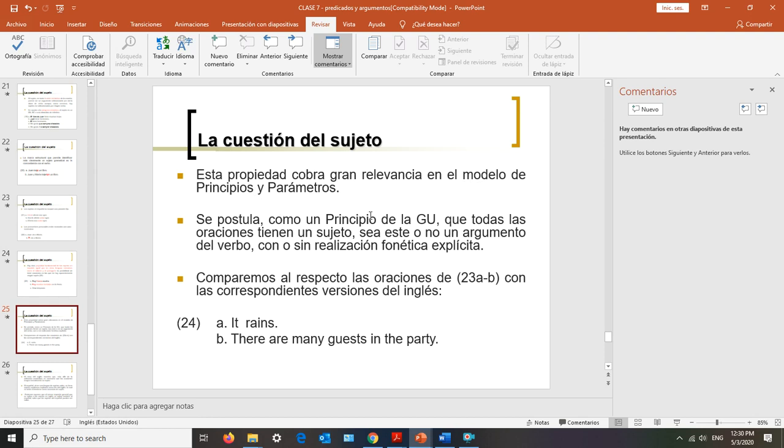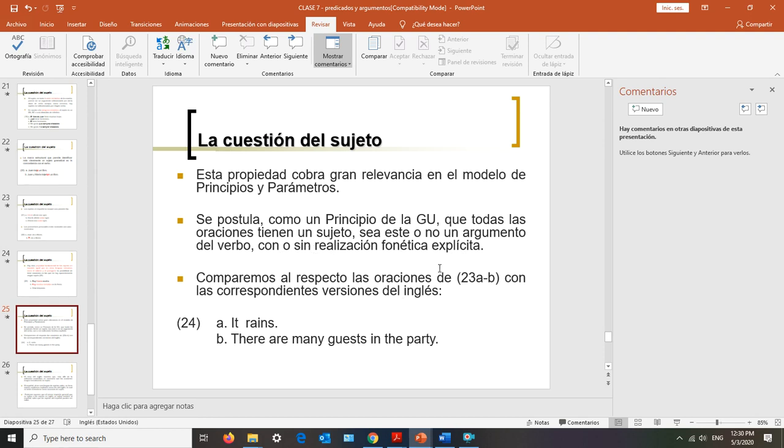As a principle of this universal grammar, it is postulated that all sentences have a subject, be this subject an argument of the verb or not, with or without an explicit phonetic realization, right, at the level of surface structure.